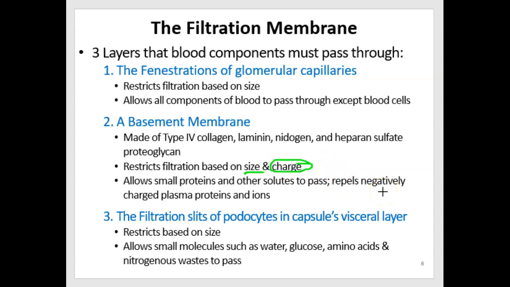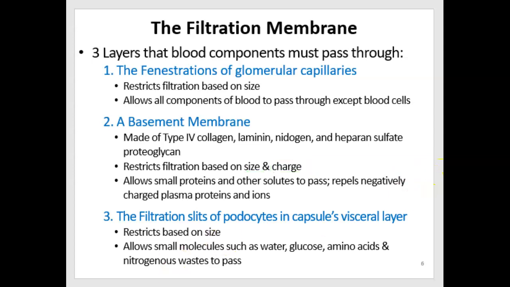This basement membrane repels negatively charged plasma proteins and ions. So they won't make it past the basement membrane. They'll have to go back into the glomerular capillary and out the efferent arteriole.